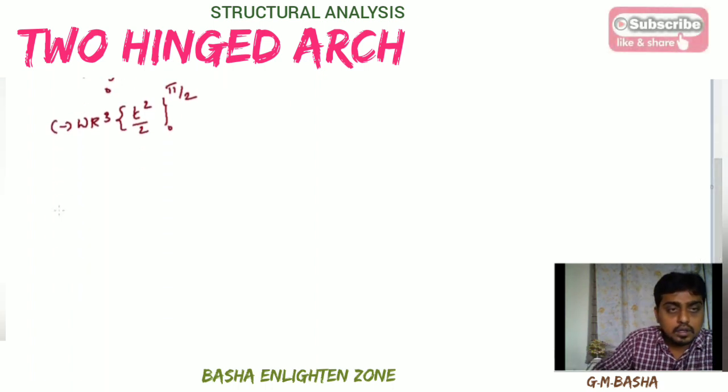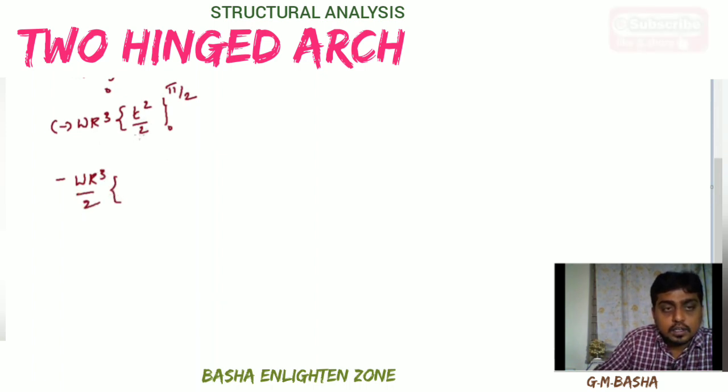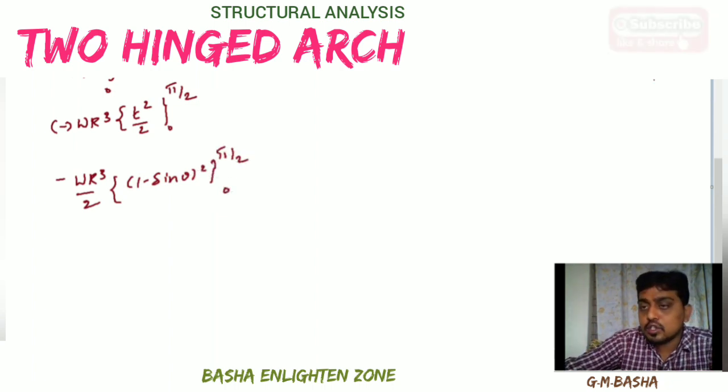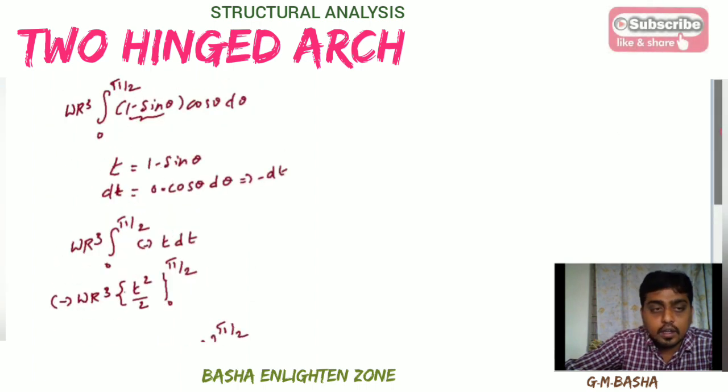Then minus WR cube, taking this 2 outside, then applying integration for t. Again, what is the t value? Here I am directly mentioning t equal to 1 minus sin theta, whole square, 0 to pi by 2. So what is t here? Already we are taking t equal to 1 minus sin theta.